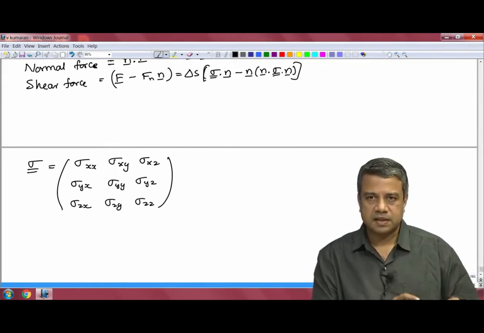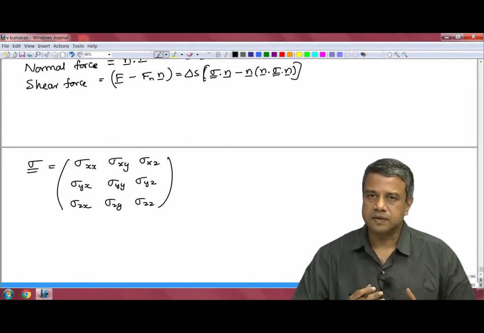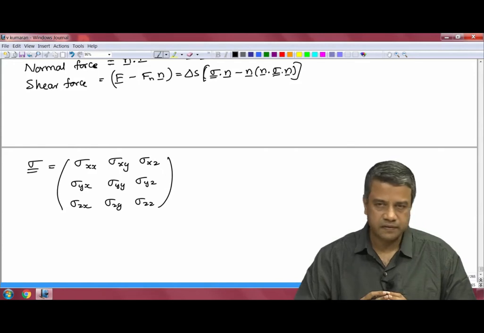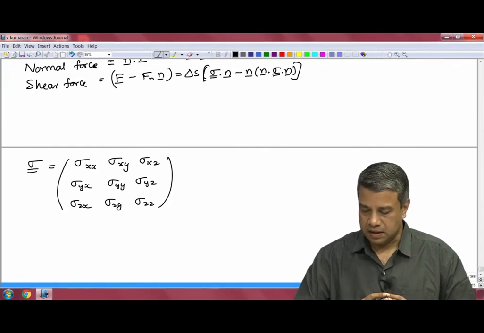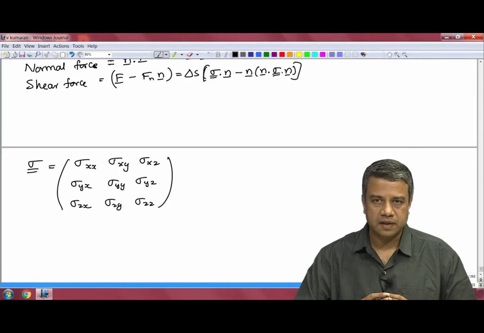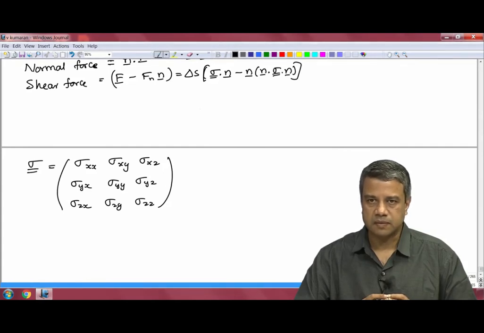Now, once again the stress tensor is a tensor. So, for example, the flux I told you was a vector. It has a magnitude and a direction associated with it, and of course, the components of the flux vector will depend upon the coordinate system that is used, because you are expanding the flux vector in unit vectors along the coordinate directions.